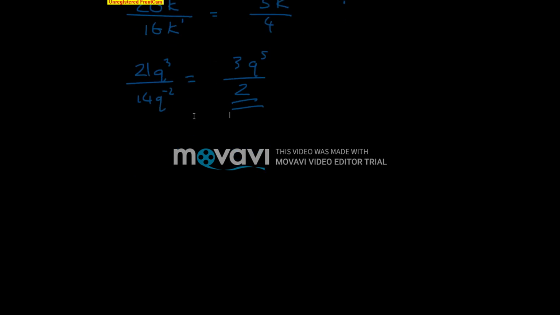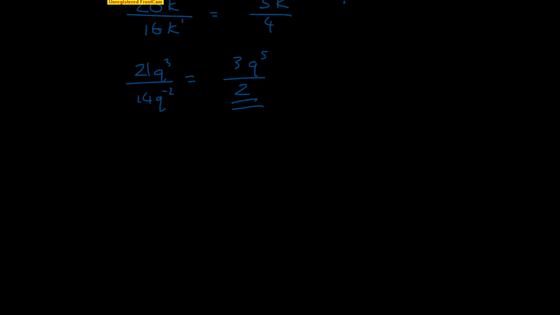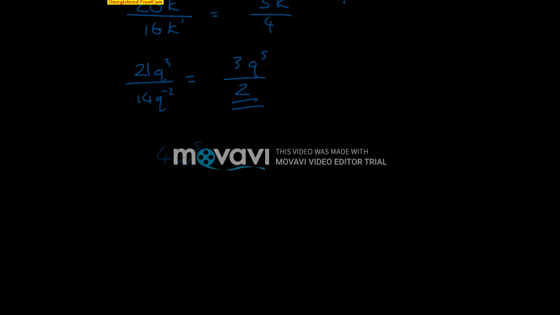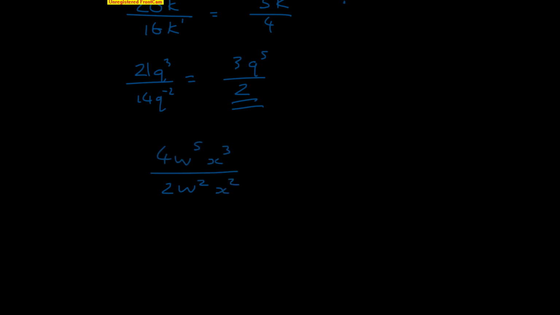Let's do one more. It's a slightly trickier one we'll do. So we've got 4w^5x^3 divided by 2w^2x^2. So 4 divided by 2, we know that's obviously 2. Straightforward.